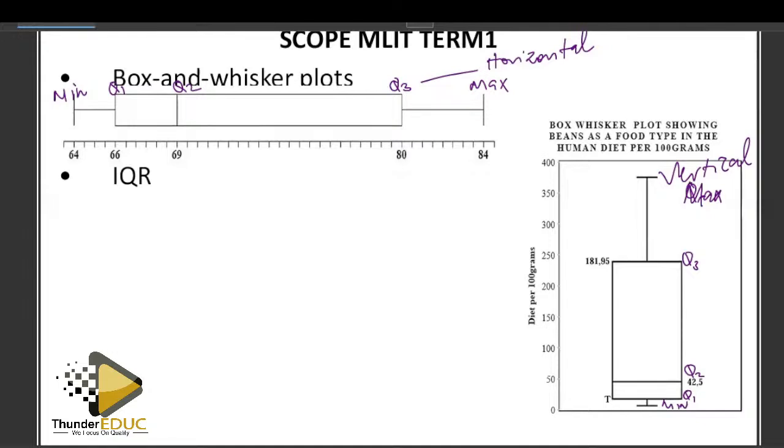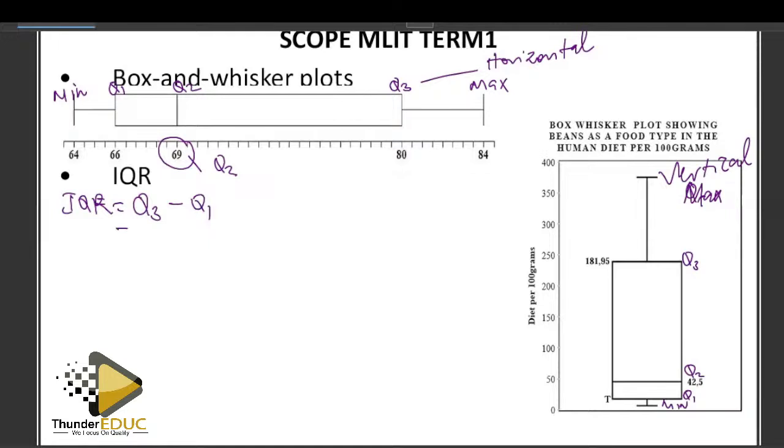All right, let's look at this. In this scenario, if you're asked to determine or to find the median, what would you do? Now, in this scenario, the median will be this middle number here, which is our Q2. Median will always be Q2. What about the IQR? IQR, we already said, the interquartile range, will always equal Q3 minus Q1.